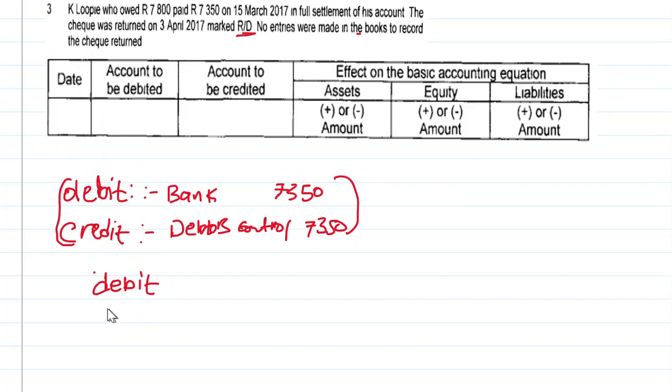Bank must be credited because it was debited. It's us now correcting the above. Debtors control must be debited. So here we are going to write debtors control. Then here we're going to write bank.